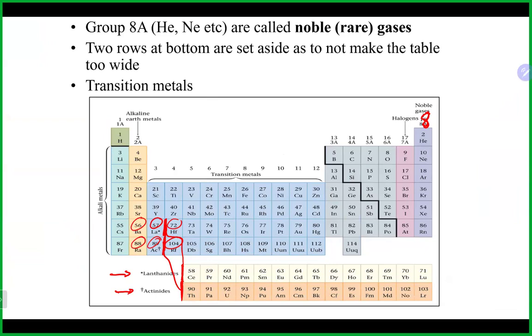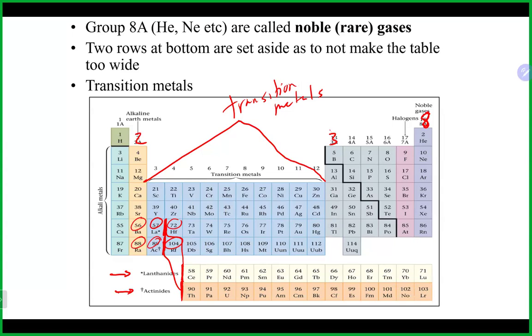In addition, there are transition metals, and transition metals are found between group 2 and group 3. So everything in this region are transition metals. They are still metals. One of the properties that we'll talk about when we get into naming for transition metals is that a lot of them have the ability to make more than one charge.